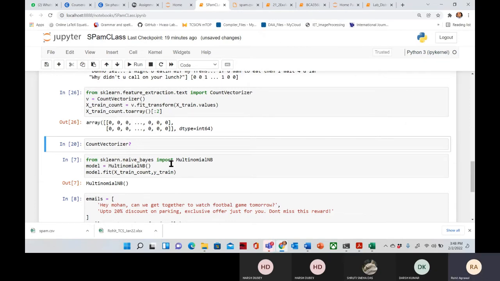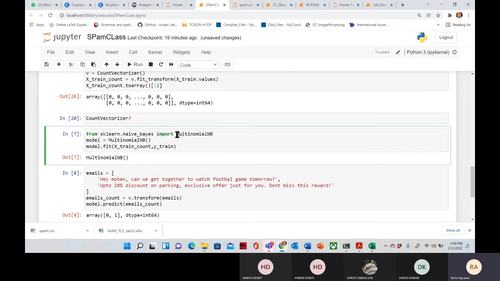Okay. Now the next is, we will import the multinomial naive Bayes classifier. Okay. There is another classifier called the Gaussian naive Bayes classifier, but if the data is multi-dimensional, then we need to import the multinomial naive Bayes classifier.